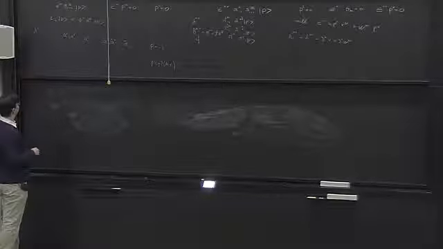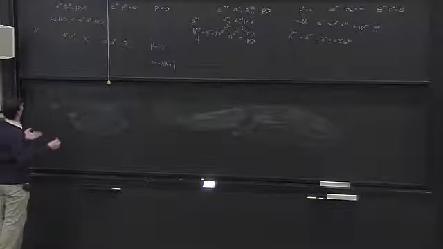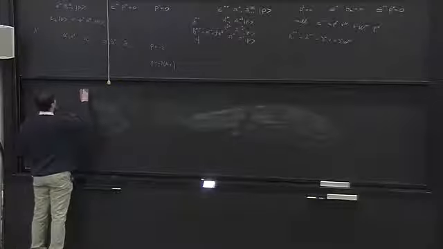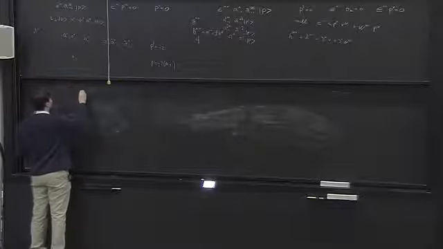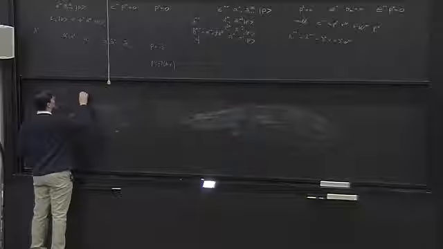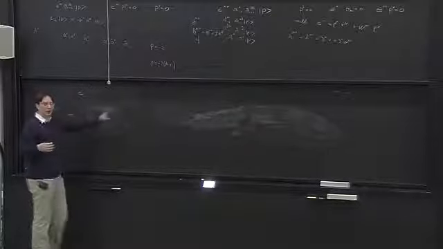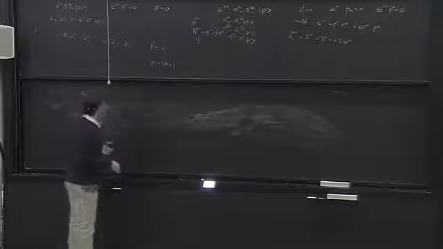So, if you look at level 2, we will start. Let me, for a moment, pretend that we only have holomorphic modes, and then we put the anti-holomorphic modes in.